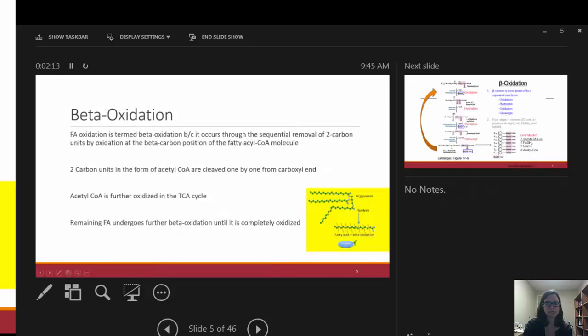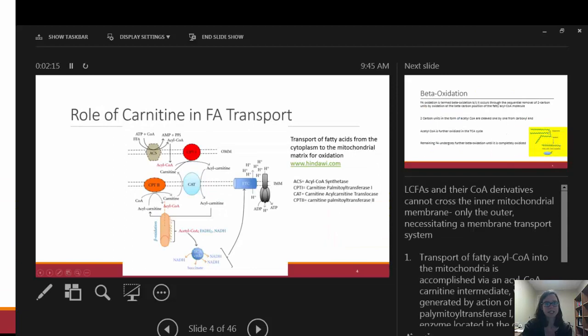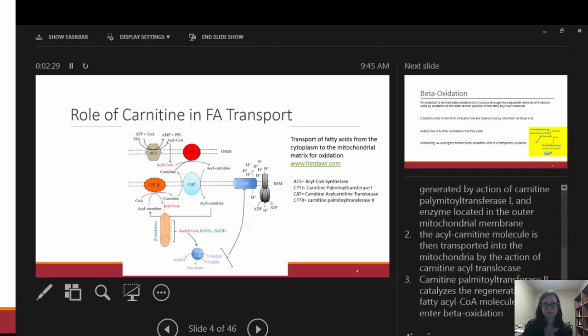So here we have our carnitine, which combines with our acyl-CoA here, and it generates acyl-carnitine using the enzyme CPT1. Then the acyl-carnitine molecule is able to go through the inner mitochondrial membrane of the mitochondria through the action of carnitine acyl-carnitine translocase, the CAT here.